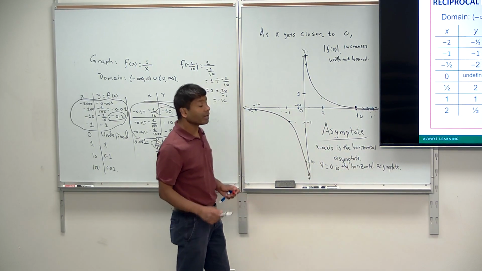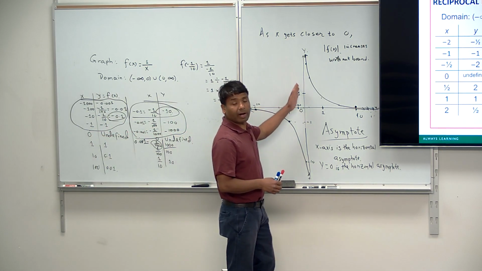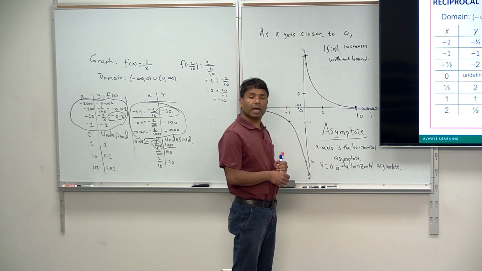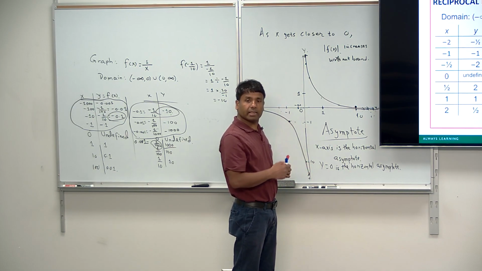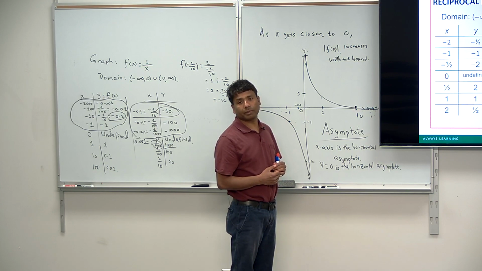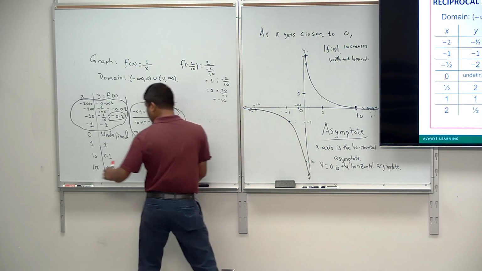And then the same thing happens for the y-axis. The graph never intersects the y-axis. So that's why the y-axis is the vertical asymptote. Okay? So let me write down here.